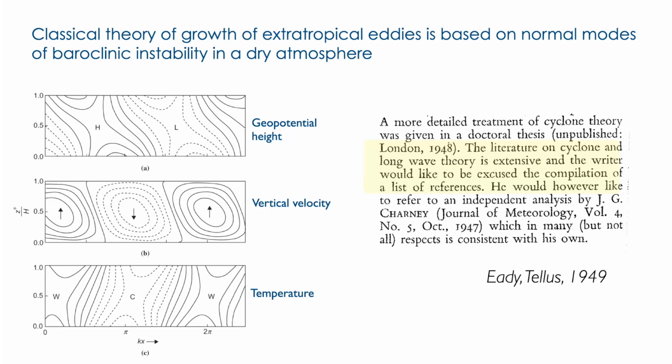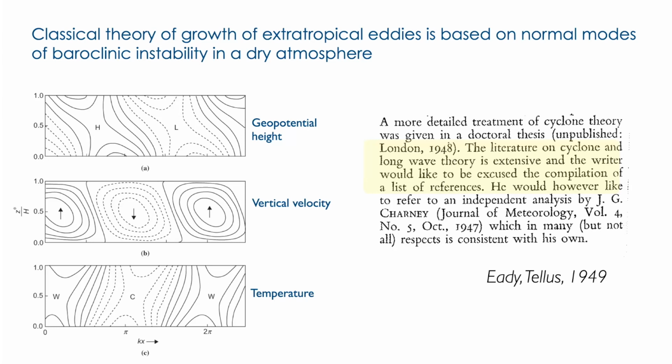Interestingly, as you can see in the quote on the right, Eady didn't cite any papers other than a reference to Charney at the time, which I thought, when I first saw this, was perhaps because it was such a path-breaking work, but actually he just says, I'd rather not cite a long list of references. And when I teach this theory in my class in atmospheric dynamics, I advise students who may not want to try this in modern times.